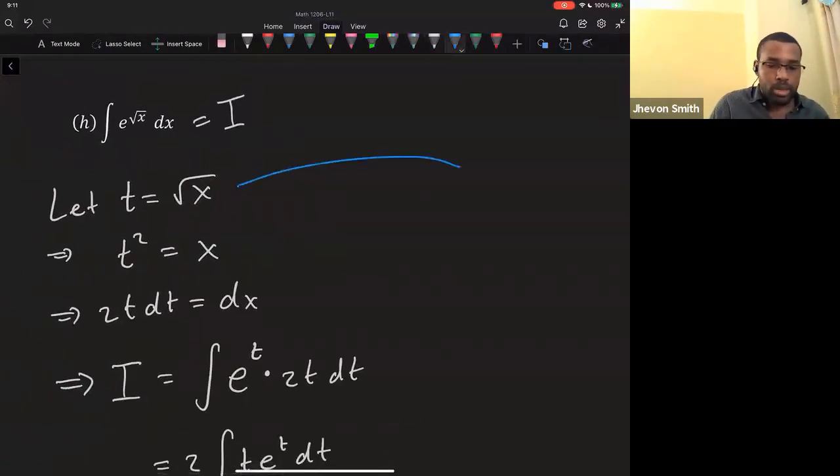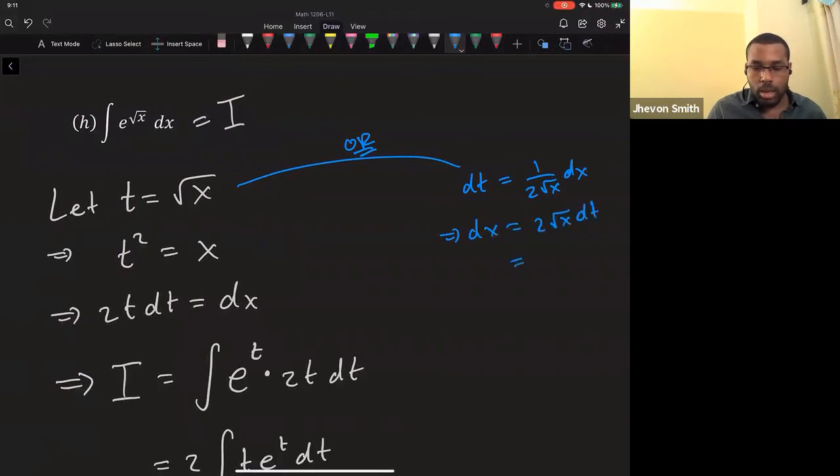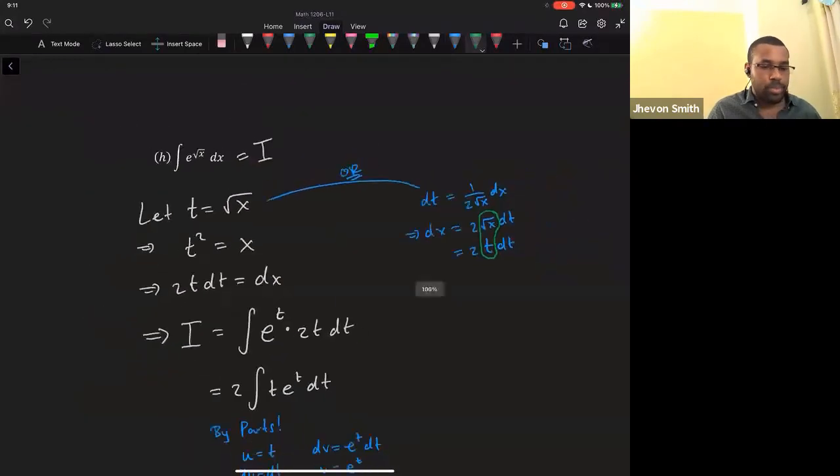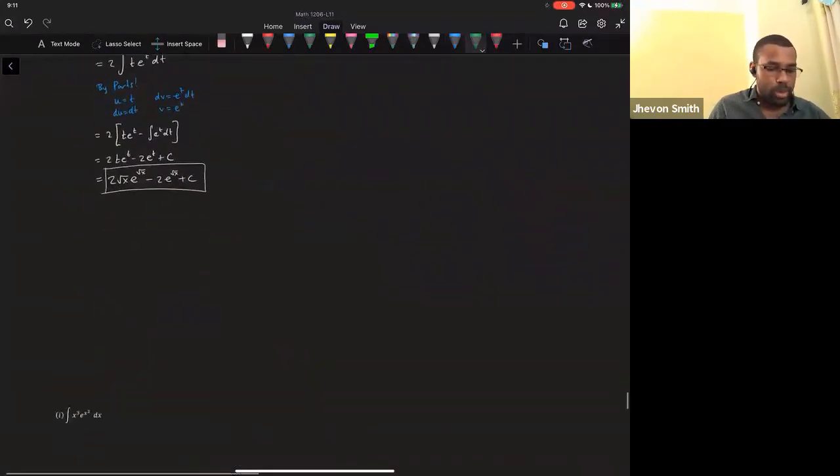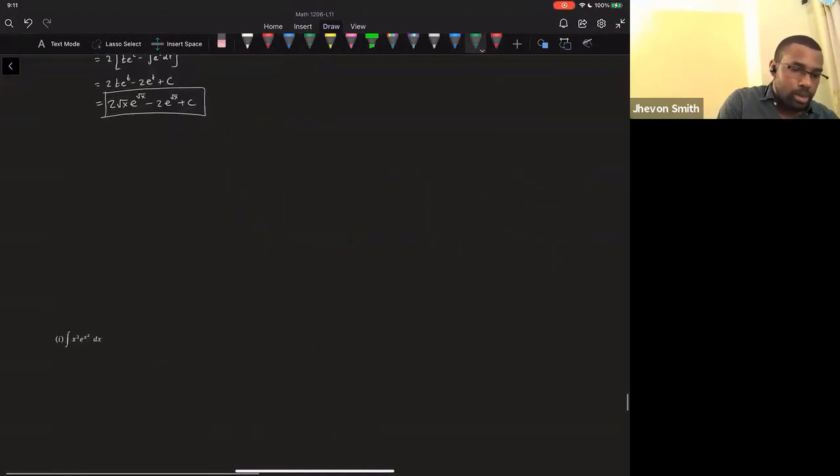Or you could do dt is equal to 1 over 2 rad x dx. And so your dx would be 2 rad x dt, but rad x, you know, is actually t, so you can get that back anyway. Okay, that's that.